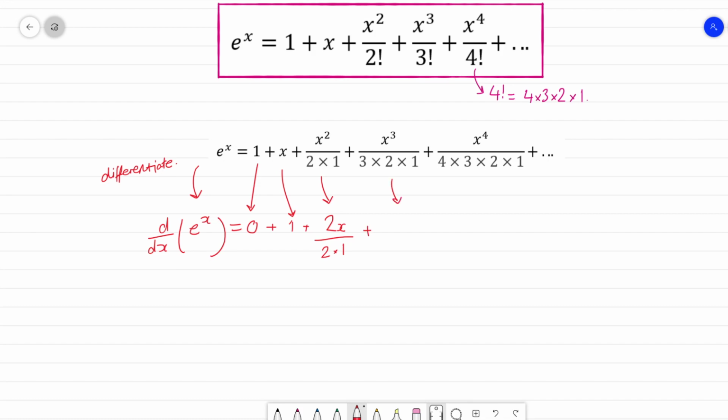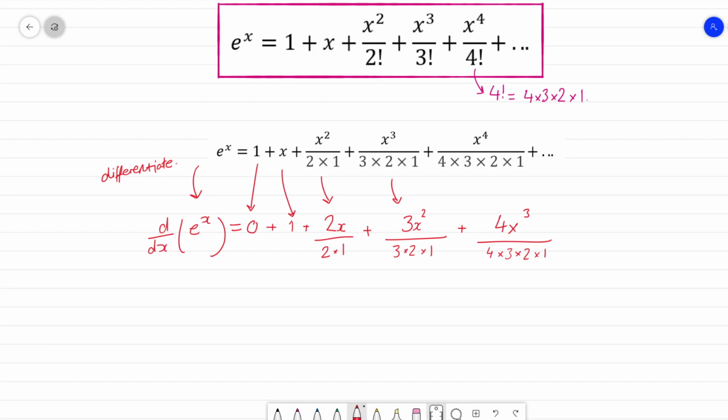Here, I'm going to get 3x squared over 3 times 2 times 1. And here I'm going to get 4x cubed over 4 times 3 times 2 times 1.